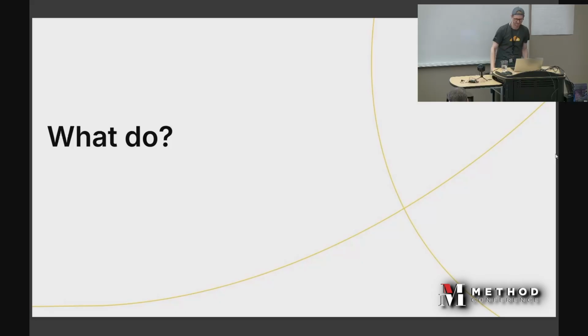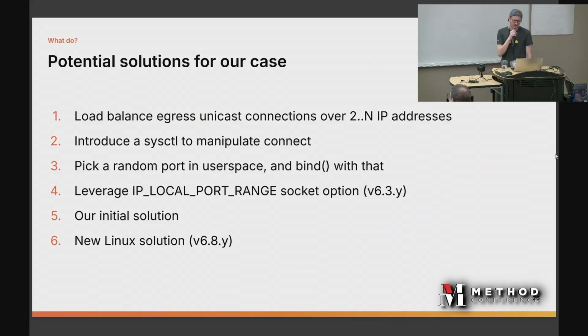What do we do? We thought of 6 possible ways we can deal with this. Now, the 6th one was added recently, and I'll go more into that later. But the gist of it is we're going to talk a little bit about load balancing. We can introduce another syscall.